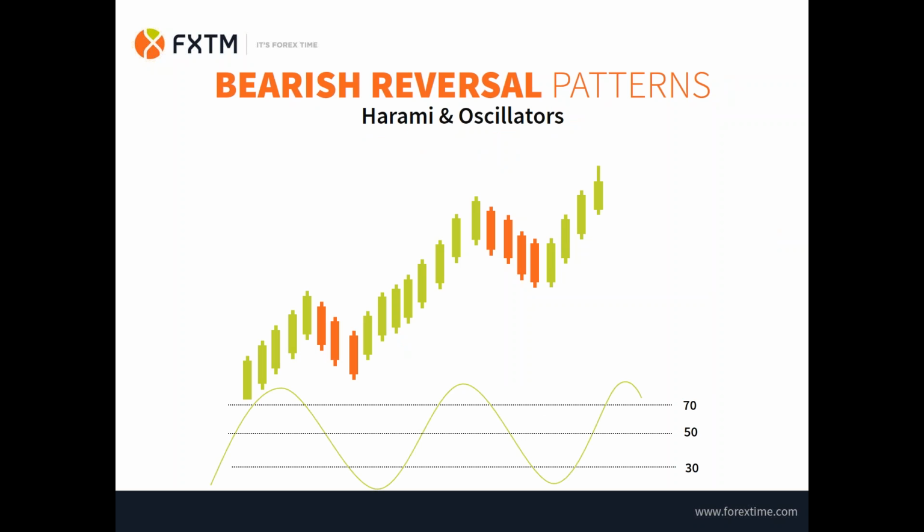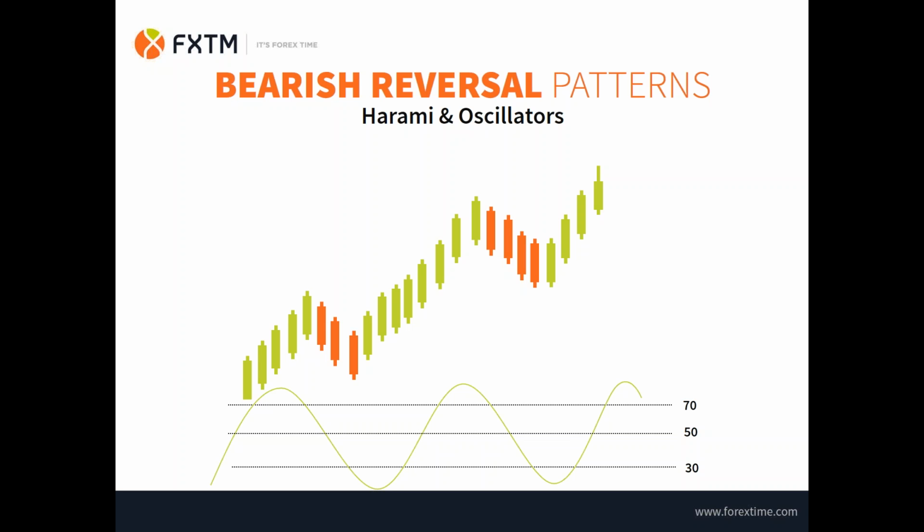So here we are. That's why we are here for this first strategy, bearish reversal using the Harami pattern, which might be either bullish or bearish. In this case, it will be bearish, and we use an oscillator to filter the bad trades.